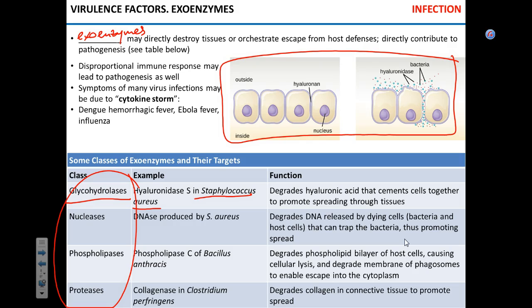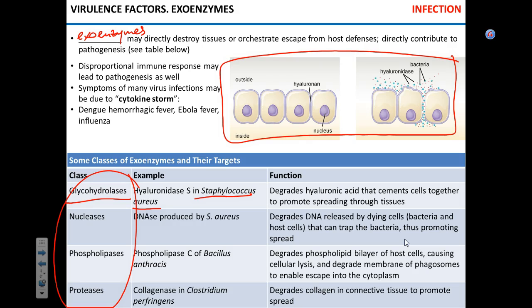Extracellular matrix holds human cells together. When hyaluronan is destroyed, cells start to quite literally fall apart, and tissue, not quite literally, but almost liquefies. Production of hyaluronidase is an important component of pathogenesis in diseases like necrotizing fasciitis, flesh-eating disease.